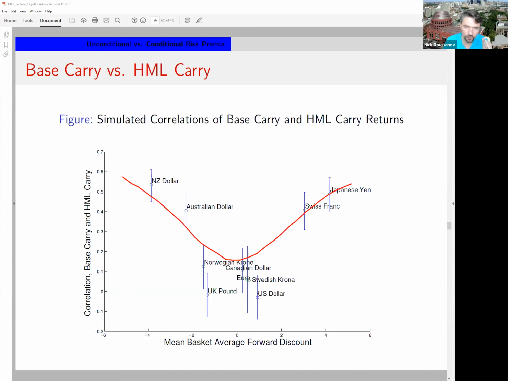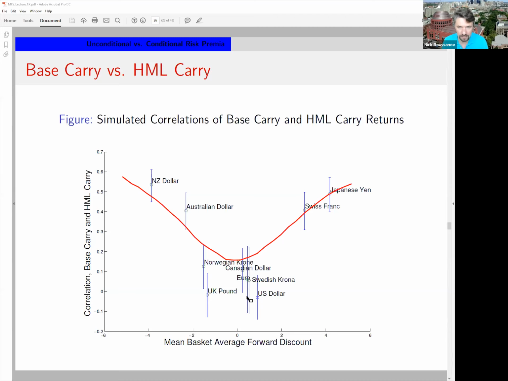So for the US, this average forward discount is an even more powerful predictor of expected returns than this type of model would be able to explain. So this is not potentially everything.